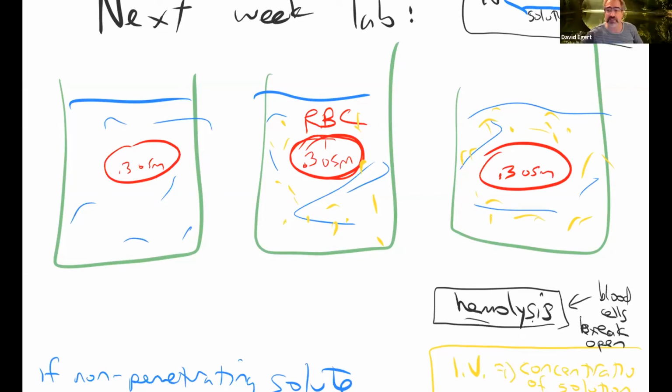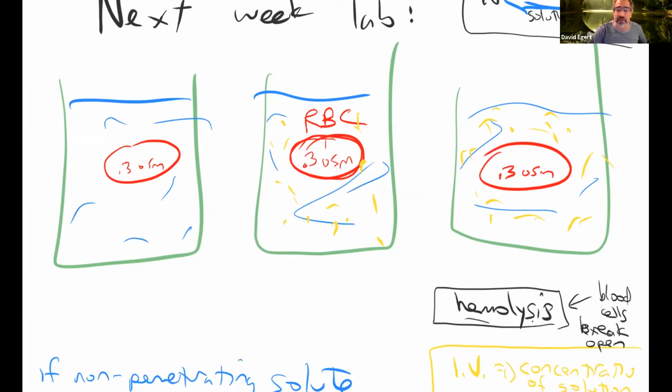And give me an example. What's an example of a big polar molecule? Glucose? Glucose. Sure, glucose or sucrose, any of those sugars are big polar molecules. So if the solute in the tube is sugar, we can assume it's a non-penetrating solute.